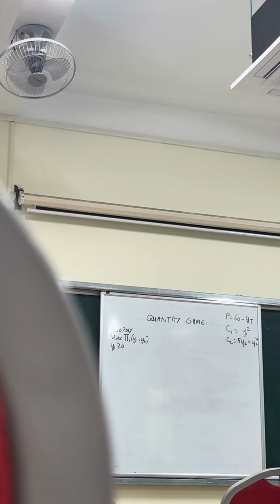Profit is total revenue minus total cost, right? Okay, good. I see some good answers. Total revenue 1 minus total cost 1. 60 minus YT, where YT is y1 plus y2. So 60 minus y1 minus y2.